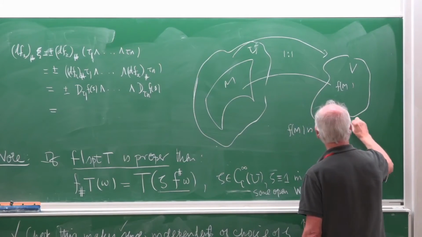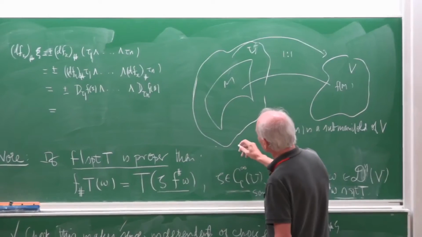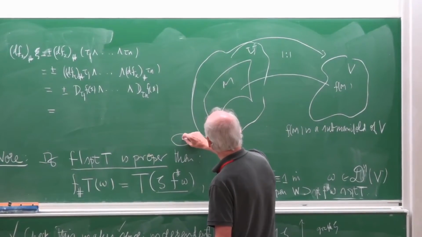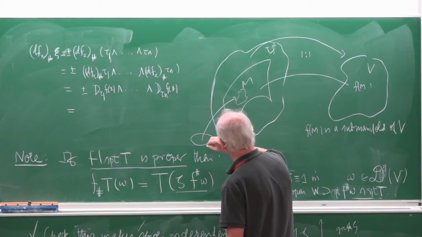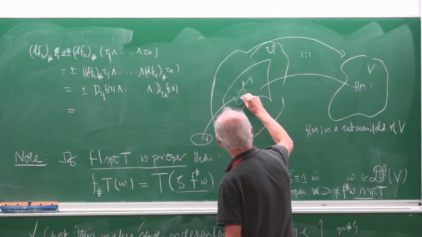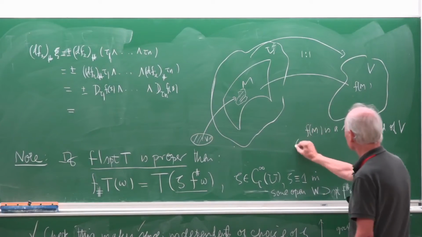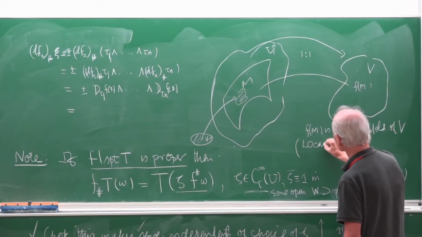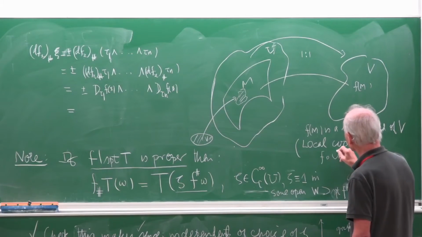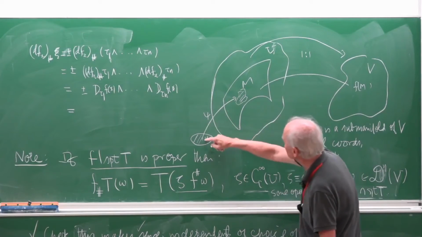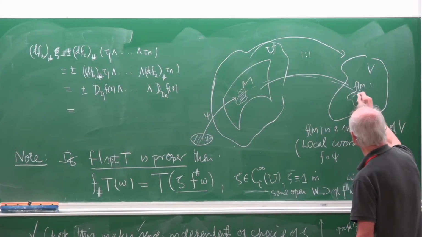C infinity submanifold of V. In fact, you can get the local coordinate representations for Fm by using the local coordinate representations for M. So for the local coordinate representations, you simply use F composite with C. So you take C, giving you the local representation of M, compose it with F, and that gives you a local representation for Fm.